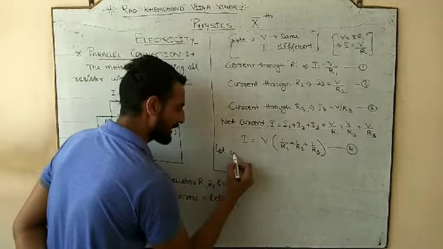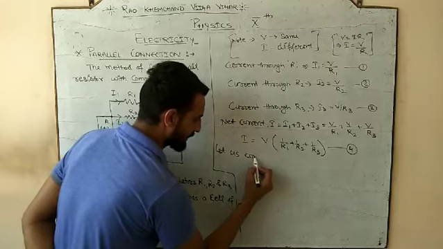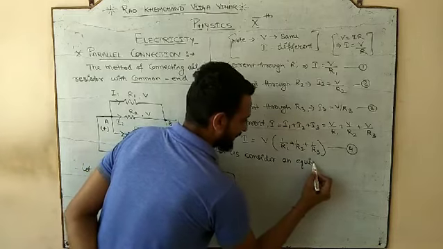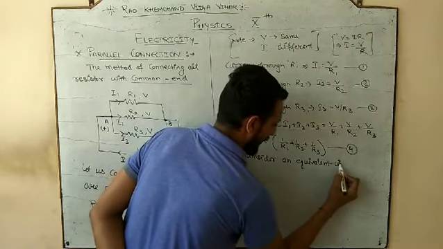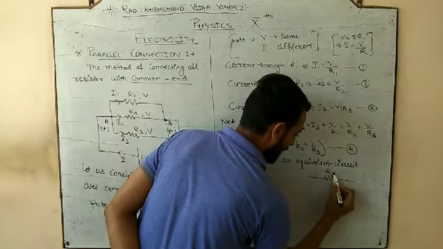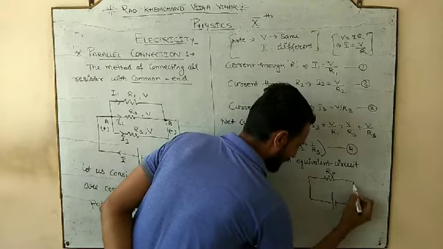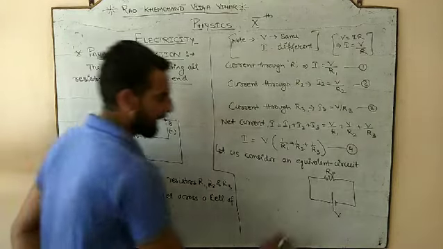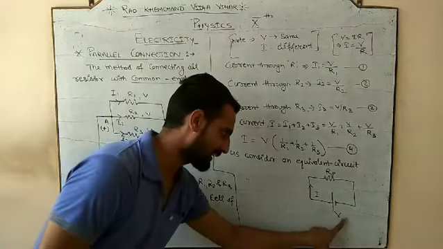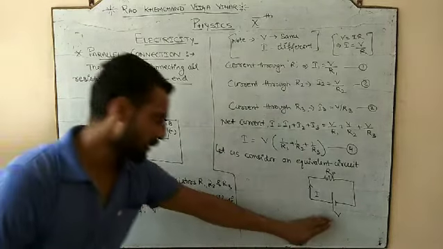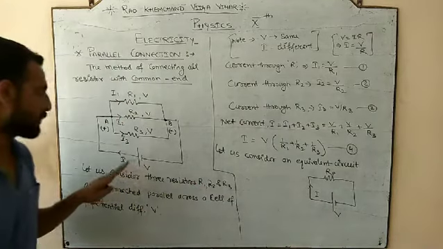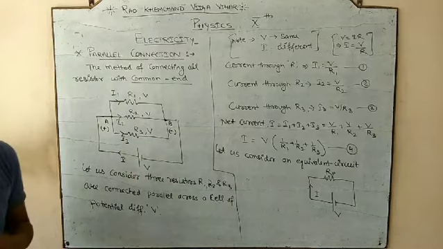Now again, similarly to the previous case, let us consider an equivalent circuit. A circuit whose net resistance is Rp, which is connected across the same battery and which provides the same net current I. In the same manner, let us consider such a circuit, when this circuit and this circuit both are connected across the same battery and if they provide the same current, such a circuit is called equivalent.